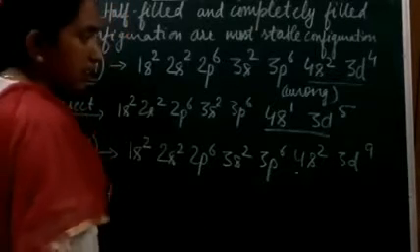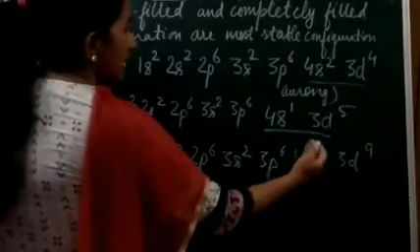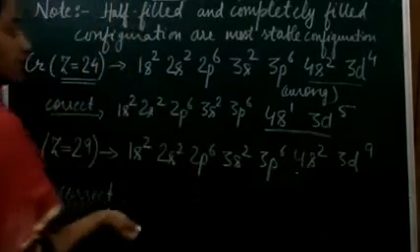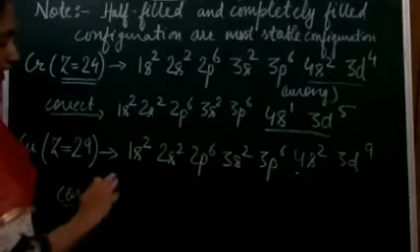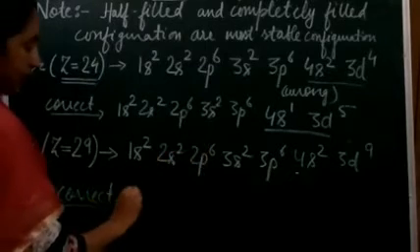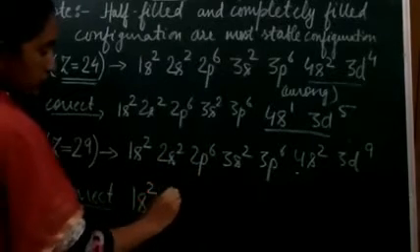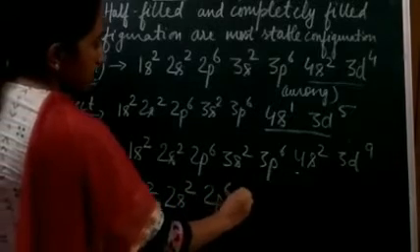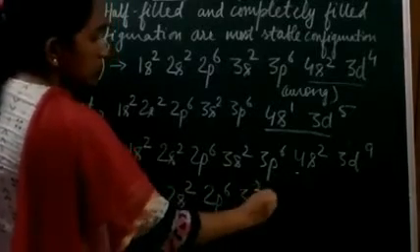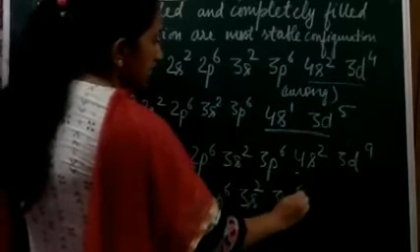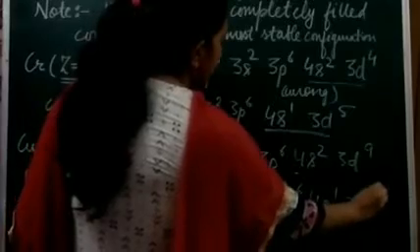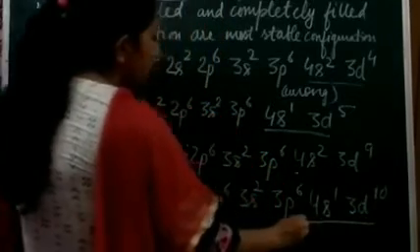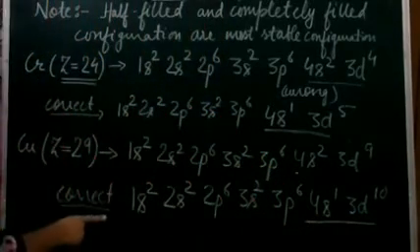So from 4s, 1 electron will jump to the 3d to become 3d10, and this configuration will attain the maximum stability. It is 1s2, 2s2, 2p6, 3s2, 3p6, 4s1 and 3d10. This is the correct configuration.